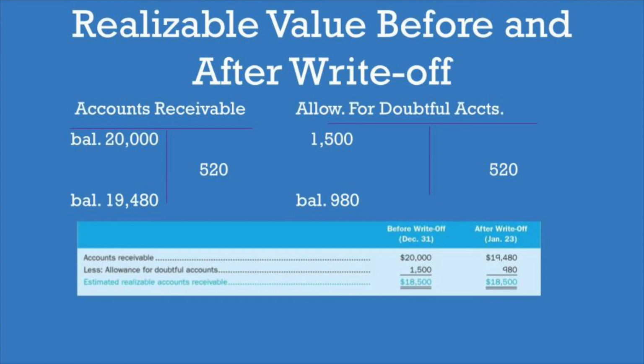In the next period, when we actually did a write-off for $980, you'll notice that the actual realizable value of the accounts receivable matches that at $18,500. So this gives a stronger representation of the reality of what our true accounts receivable is.